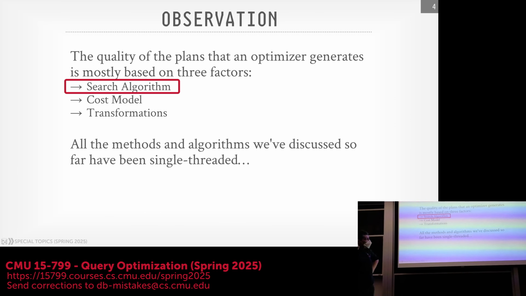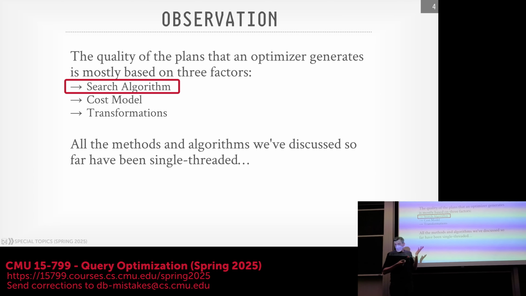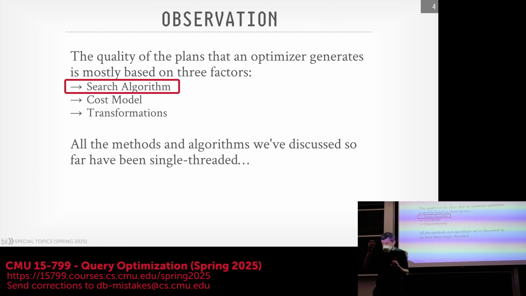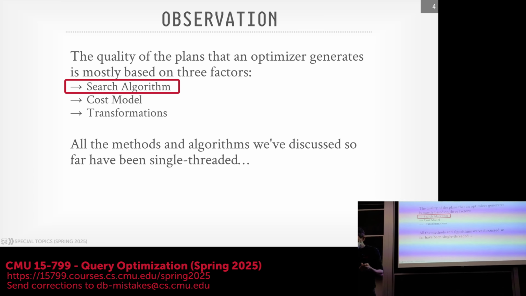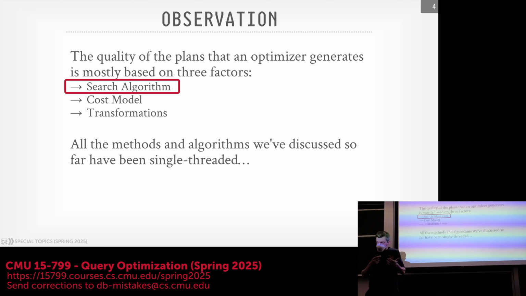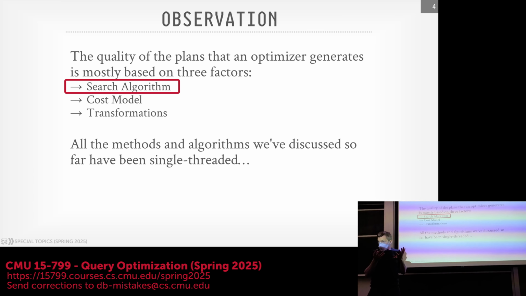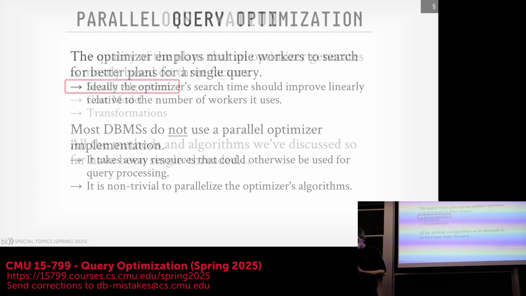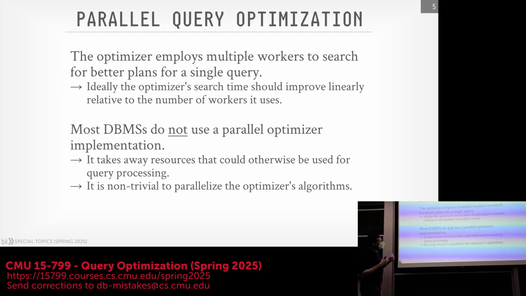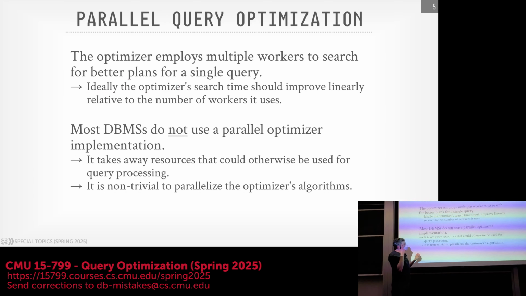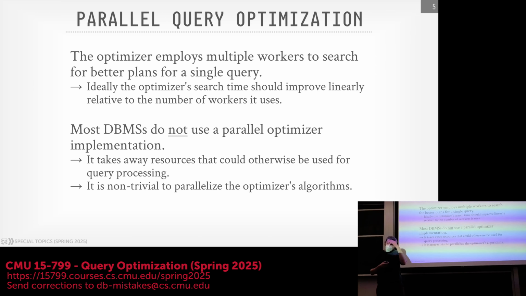All right, so up until now, for all the methods we've talked about, with either the implementation of the framework or the algorithms to do join enumeration, they've all been assumed that you're running in a single-threaded environment, right? And so the goal of this class and next class is how can we make the query optimizer run the search in parallel. And the challenge here is that most query optimizers are not going to be parallel, even for most modern systems.